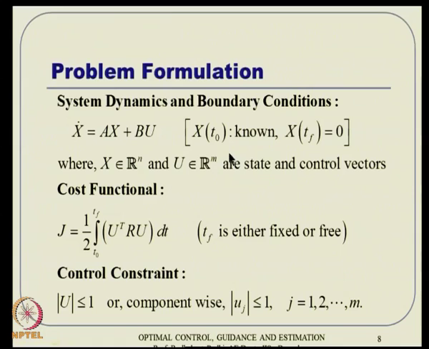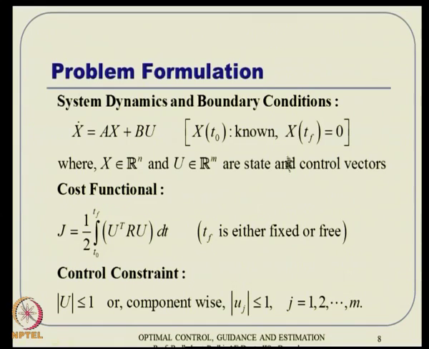So, what's the problem here? We have a system dynamics in this linear form, x dot is Ax plus Bu, initial condition is known, and at final time t equal to tf, x of tf should go to 0, especially when tf is free. If tf is fixed, then it depends on where it wants to go, how the system behaves and things like that.